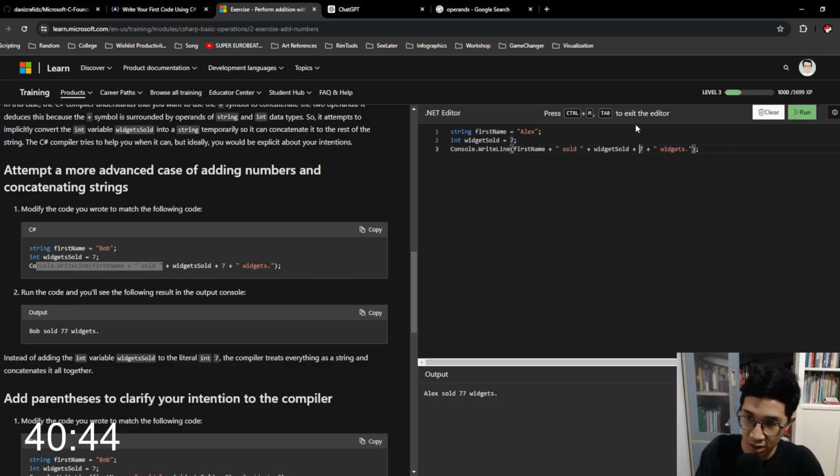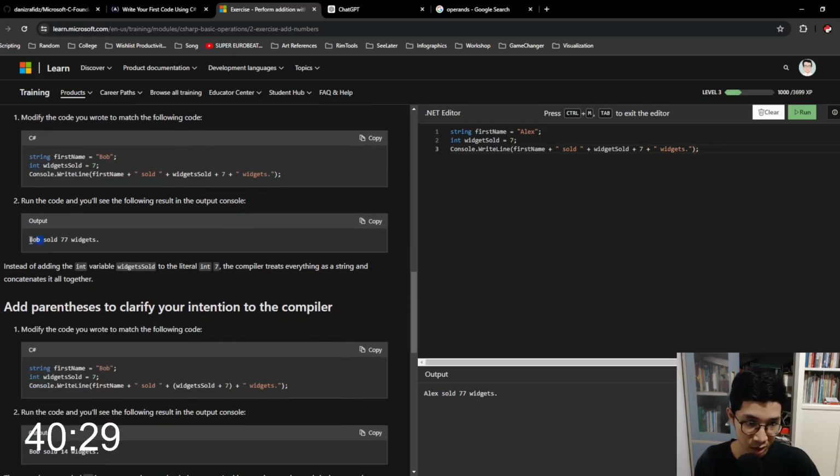So the 7 is the same as this because you put it in mixed data types between string and integer. Okay, 7 plus 7 equals 77, yes.